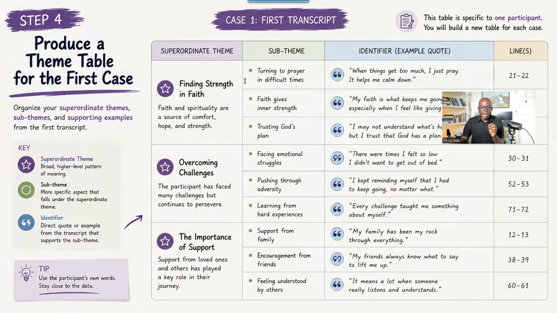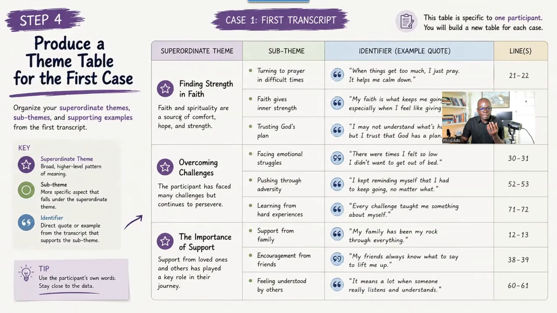This table will have all the lists of superordinate themes, all the overarching themes, and also brief information about what they represent. So as you can see here, finding strength in faith. This is an overarching theme or superordinate theme, and this is what it represents, or this is the meaning, or this is the definition: faith and spirituality are a source of comfort, hope, and strength, right?